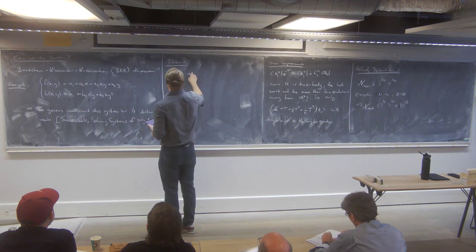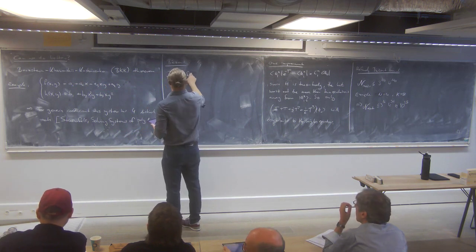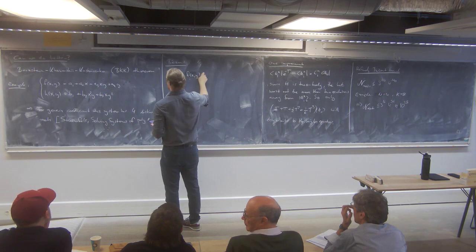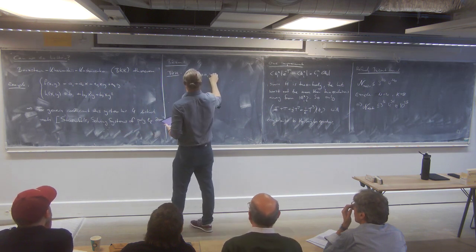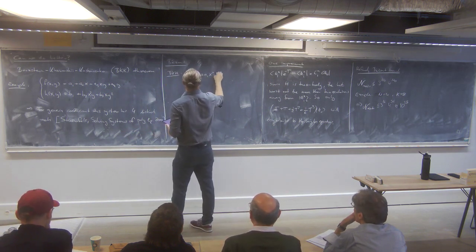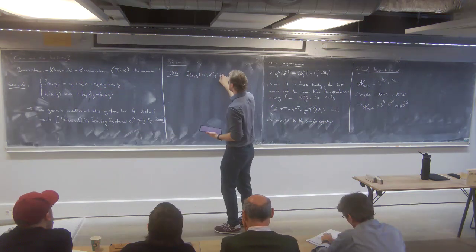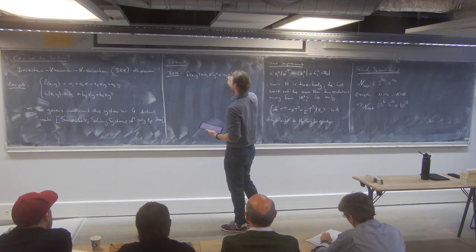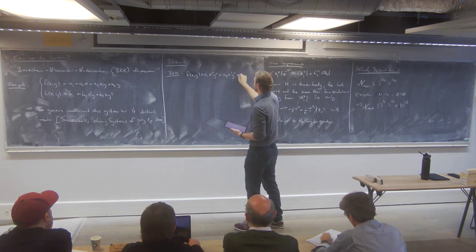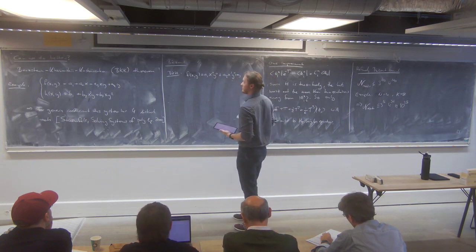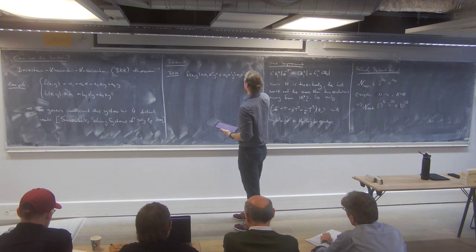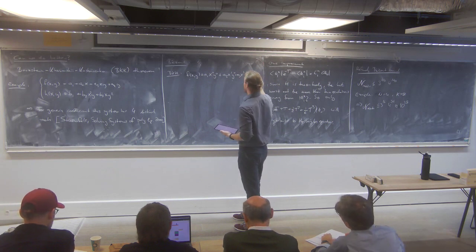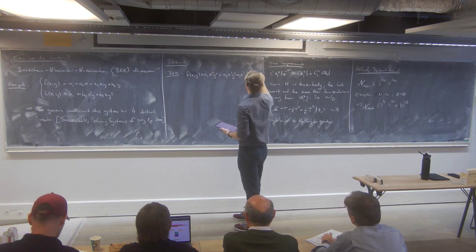So we have f of x comma y is a1 x^0 y^0 plus a2 x to the power 1 y to the power 0 plus a3 x to the power 1 y to the power 1 plus a4 x to the power 0 y to the power 1.